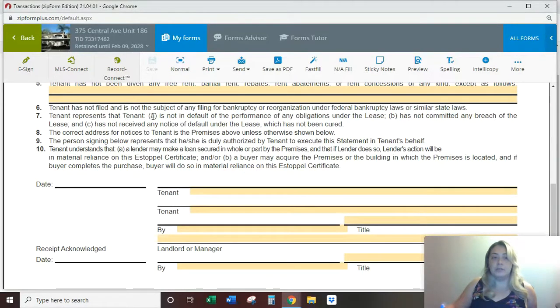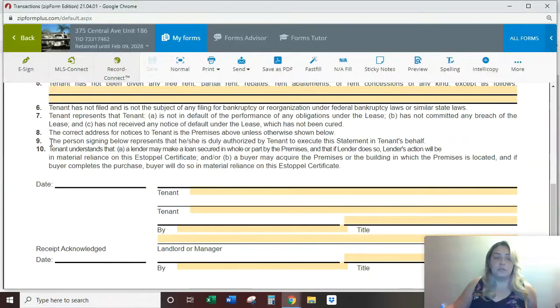7, tenant represents that they're not in default of any obligations under the lease and has not committed any breach of the lease and has not received a notice for default under the lease, which has not been cured. The correct addresses for notices and for tenants in the premises are otherwise shown below. Well, they should be living in the house or the complex.